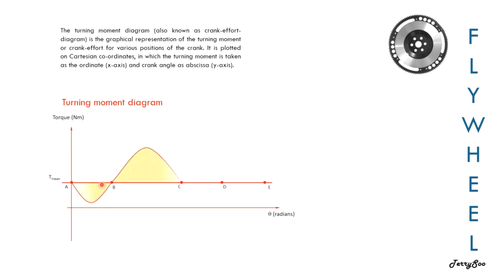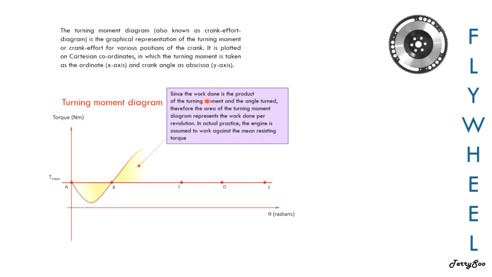Any area which is below the T mean line is considered as required, that means shortage, so it requires the flywheel to release the energy to run the process. Especially if you are referring to the power stroke, you have excess energy, and this excess energy will be stored in the flywheel and it tends to rotate at higher speed.